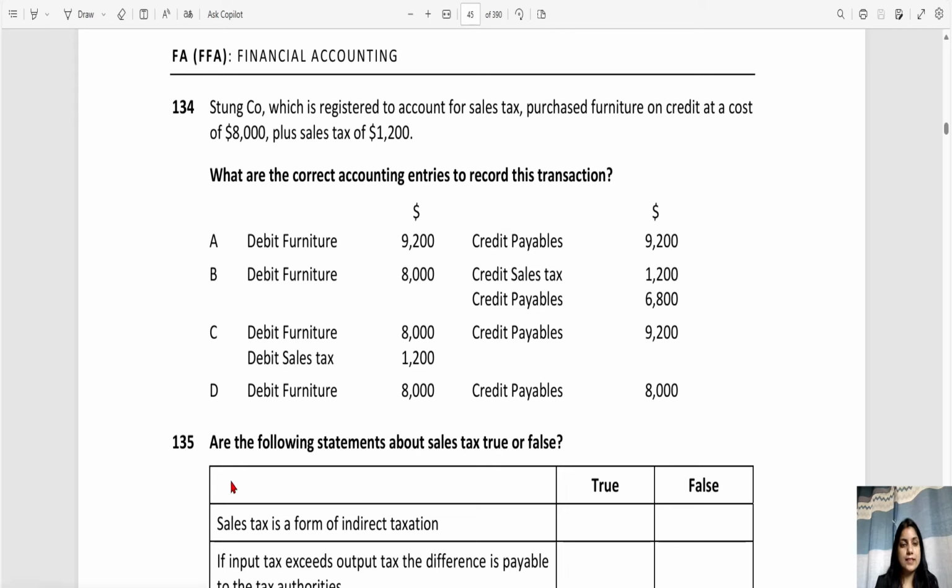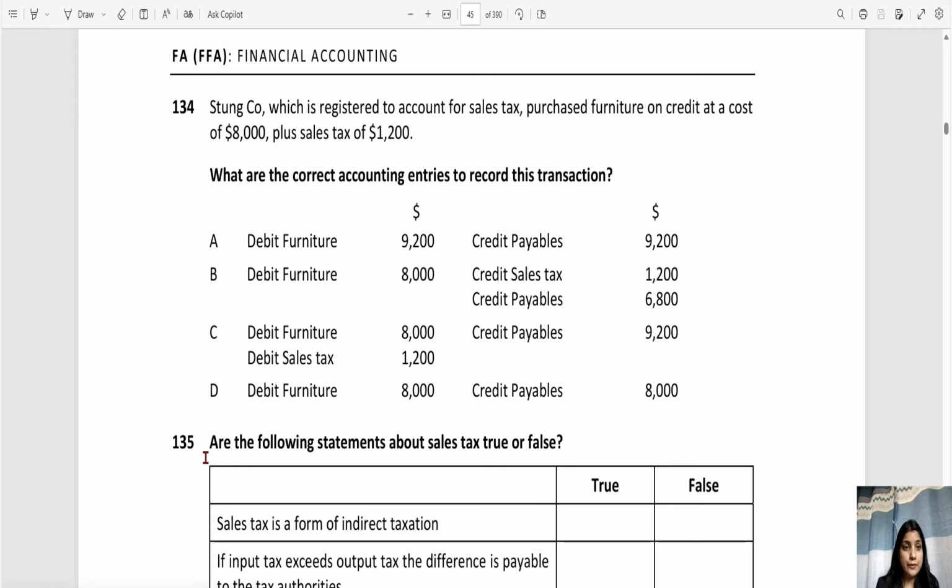So let's discuss today's question, that's 134. What does the question say? What are the correct accounting entries to record this transaction? The scene behind the question is that the Stung company is registered to account for sales tax.